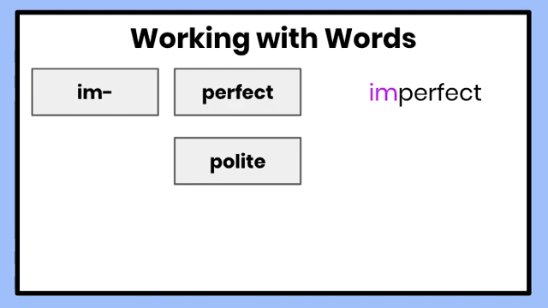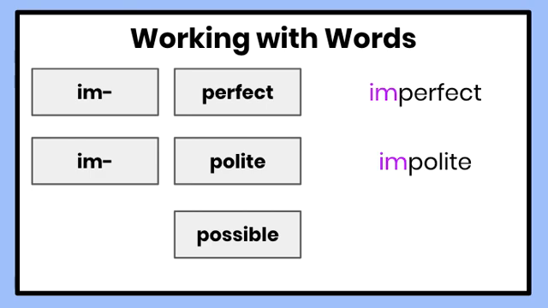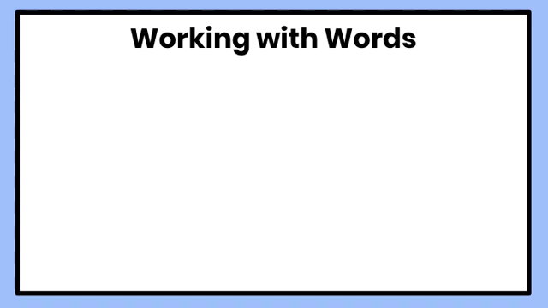If I want to say someone is not polite, then I need to use my im prefix because my base word starts with a P, giving me impolite. Possible. If I want to say something is not possible, then I need to add on my prefix im because the base word starts with a P. Impossible. Great job practicing these at home too.